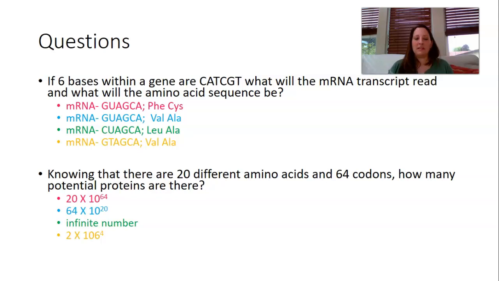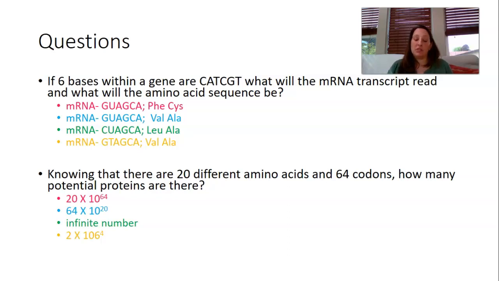So 20 times 10 to the 64th, 64 times 10 to the 20th. Is there an infinite number, or is it 2 times 10 to the 64th? So yeah, there's an infinite number, right? Because proteins can be various lengths, various sizes in the end.